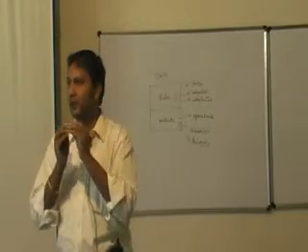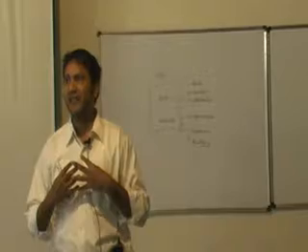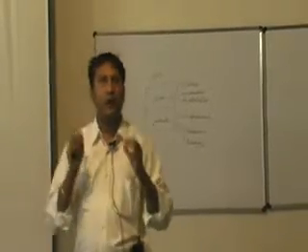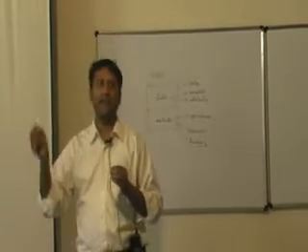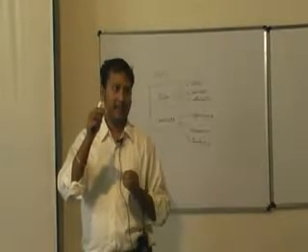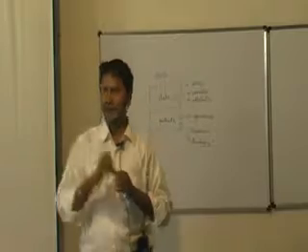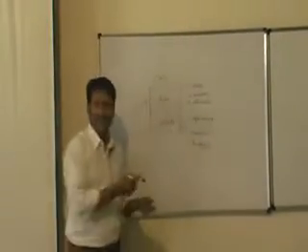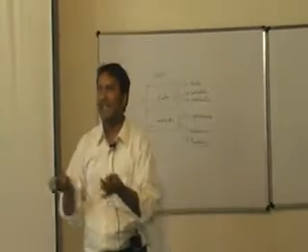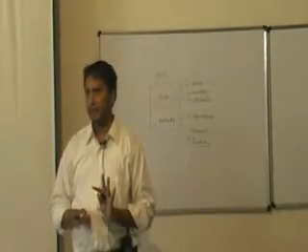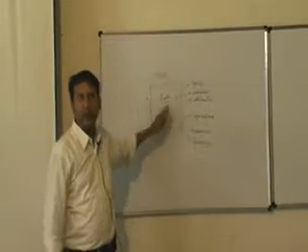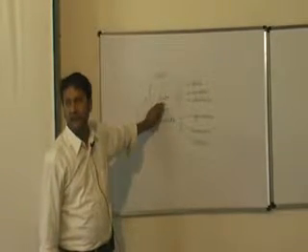Data is related to storing values. Methods are for functionality. Now, all methods act upon the data. You know what I'm saying? Methods can act upon the data, but data will not act upon methods. Data will be used by methods. Using methods, you can modify the values of data.